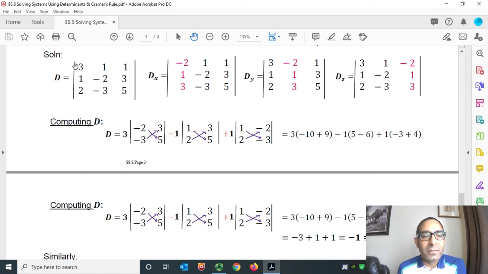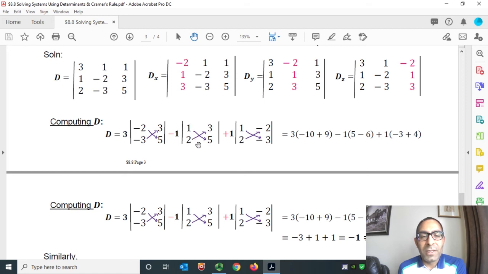We expand along the first row, starting from the plus sign, then minus sign, then plus sign. That's the formula. So we have -1, then minus this one. Then we cross out the second column and first row containing 1. Then we have the 2 by 2 determinant left, which is 1, 3, 2, 5.